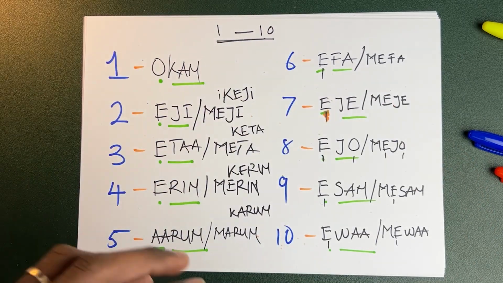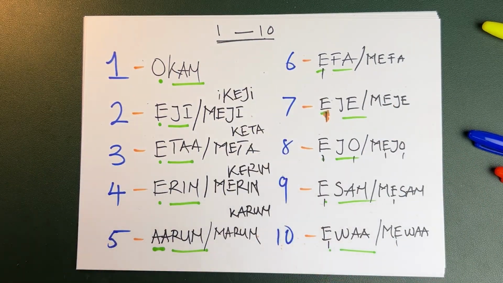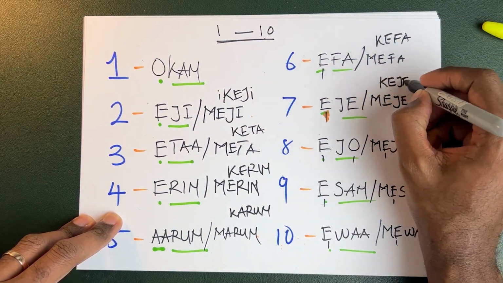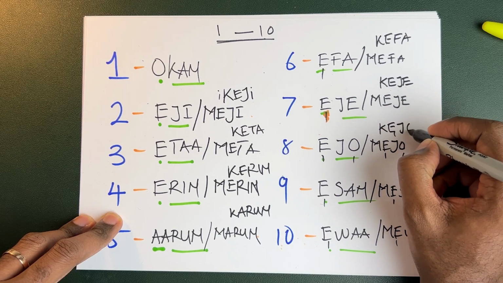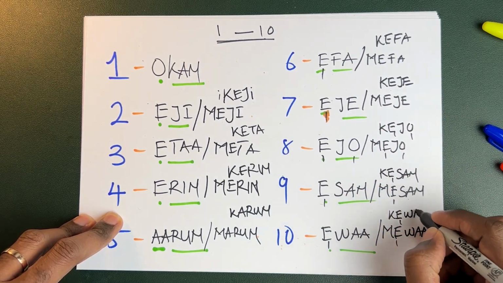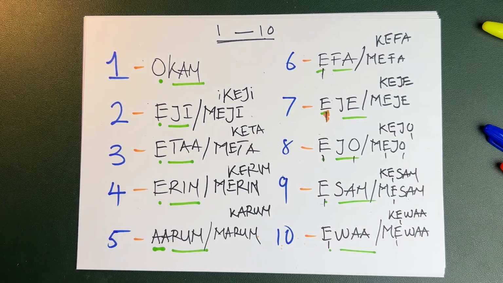So if I can just do a quick recap, let me just run through everything. Kẹfà, kẹje, kẹjọ, kẹsàn, kẹwàá. But that's still advanced numbering.